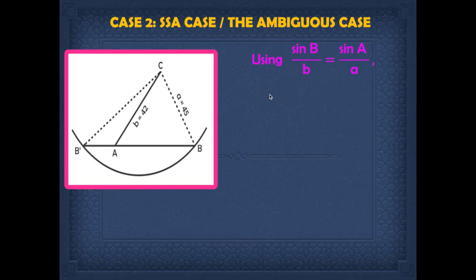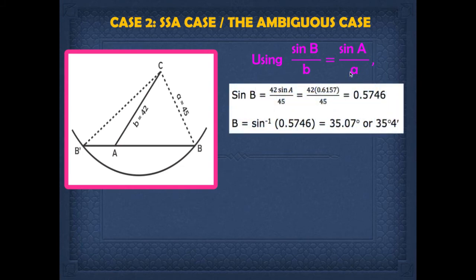Using sine B over B equals sine A over A, if you substitute the given values, sine B will be equal to 42 sine A over 45. That will be equal to 0.5746.